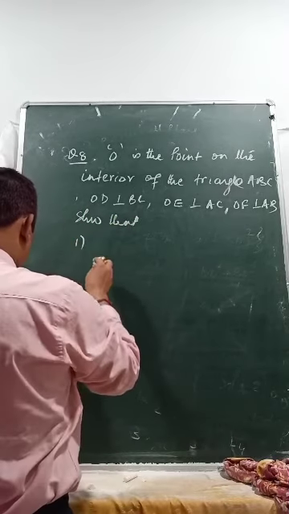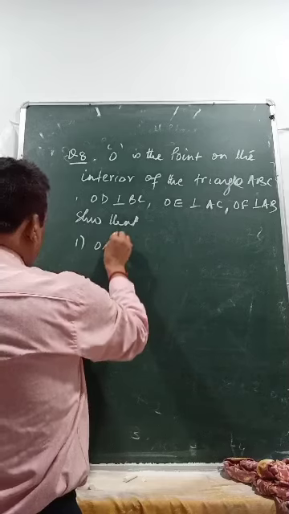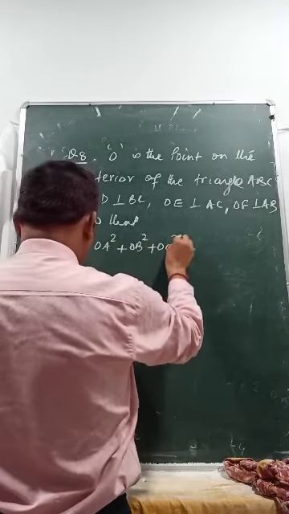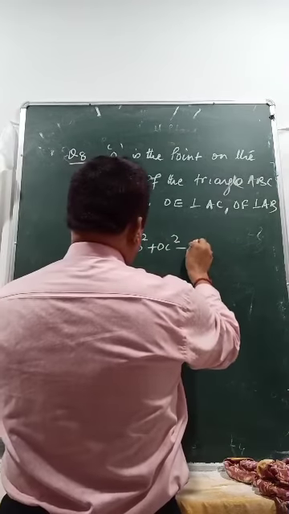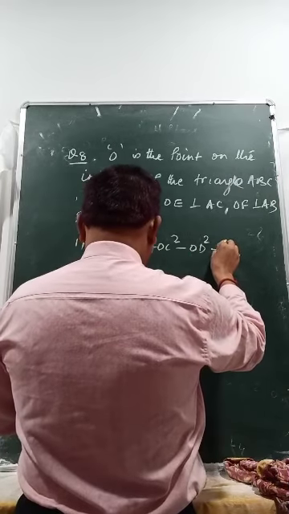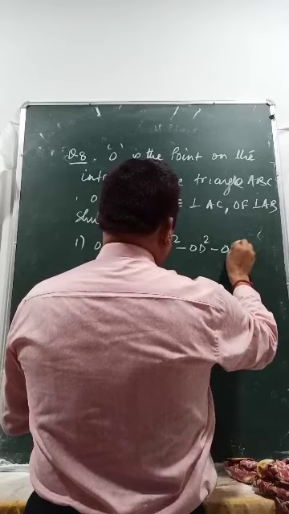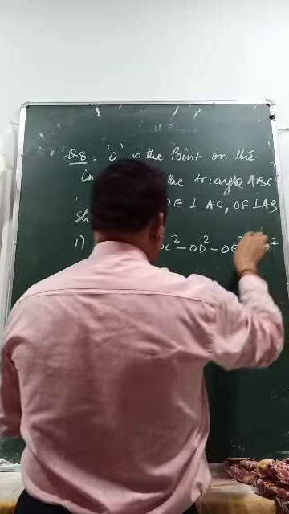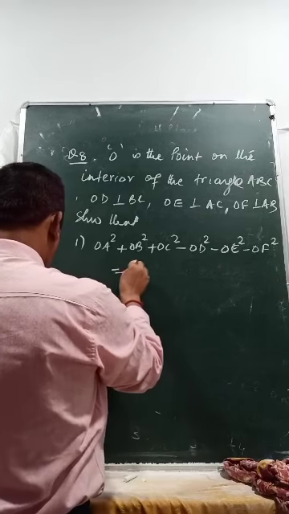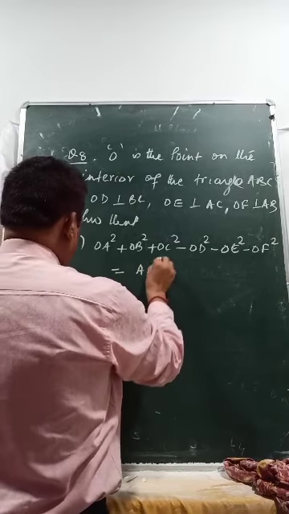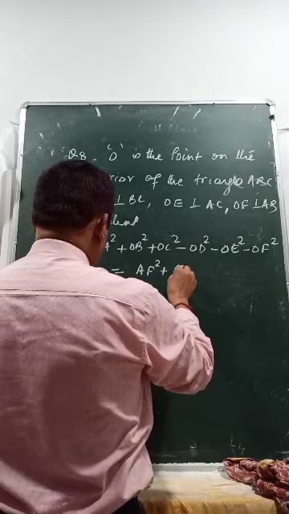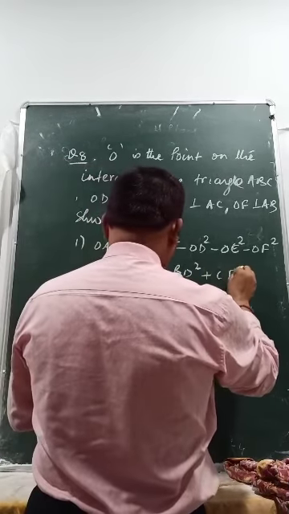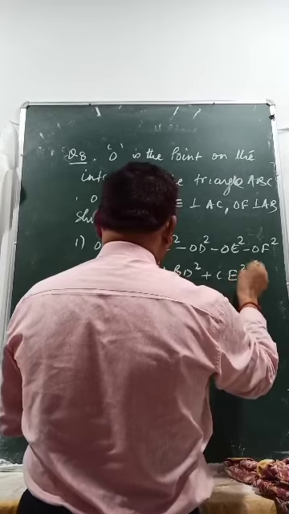First question, OA square plus OB square plus OC square minus OD square minus OE square minus OF square equals AF square plus BD square plus CE square.